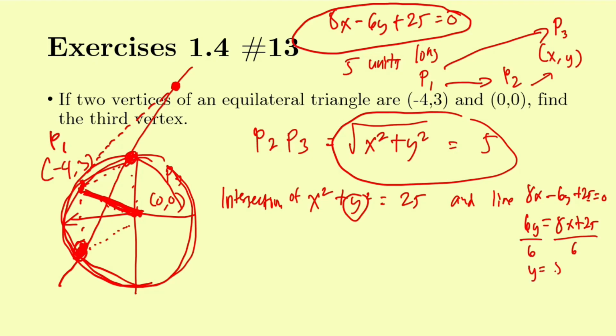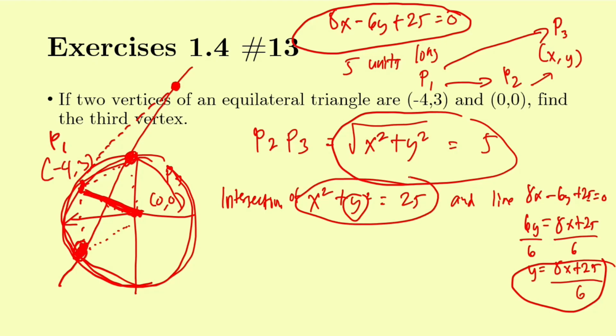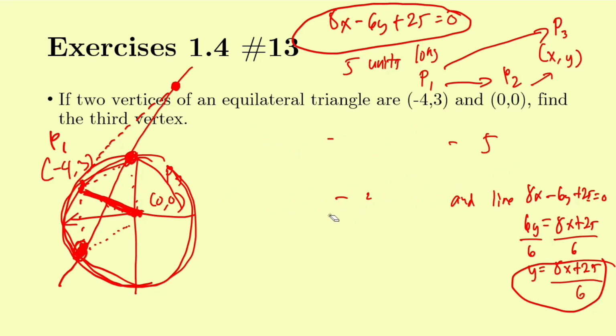So y is equal to 8x plus 25 over 6. We will use this and this to find the value of x and y. This is quite a lengthy solution, right? Compared to the other items. Okay, but we're getting closer to the answer.